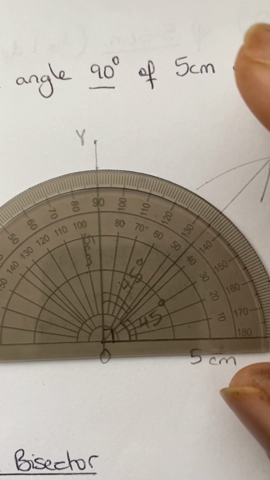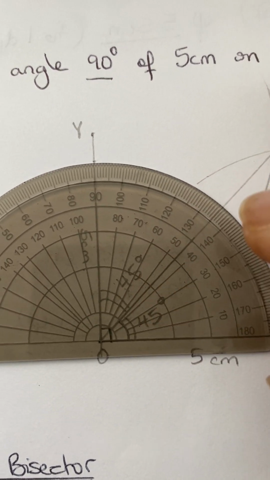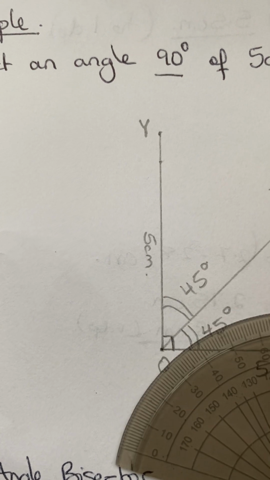Okay, so 90 degrees. Okay, I have divided it. So let's see how we divide it.